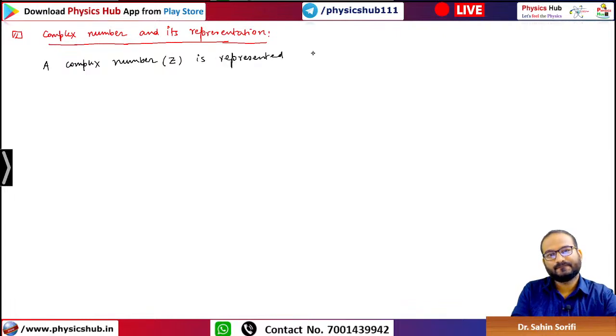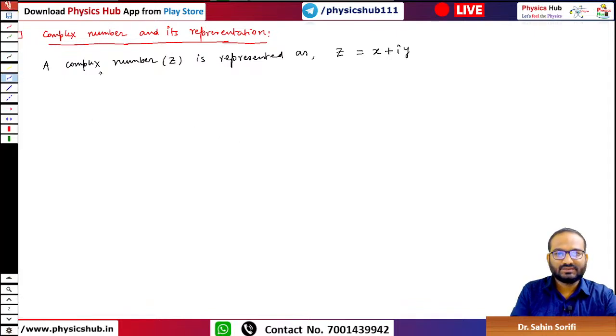Look, if you have a complex number in general, a complex number z is represented as z equals x plus iy. Now, as you can see, there are two parts.